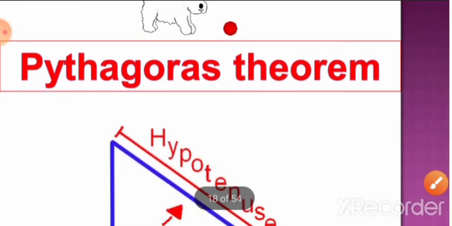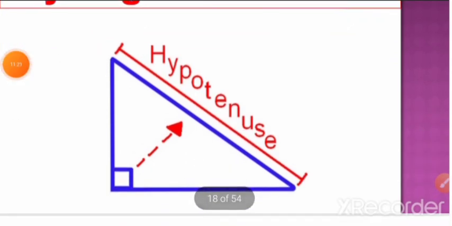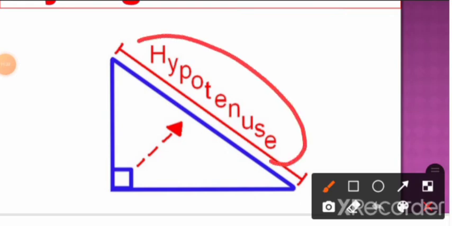Next is the Pythagorean theorem. It has a hypotenuse, a perpendicular and a base.